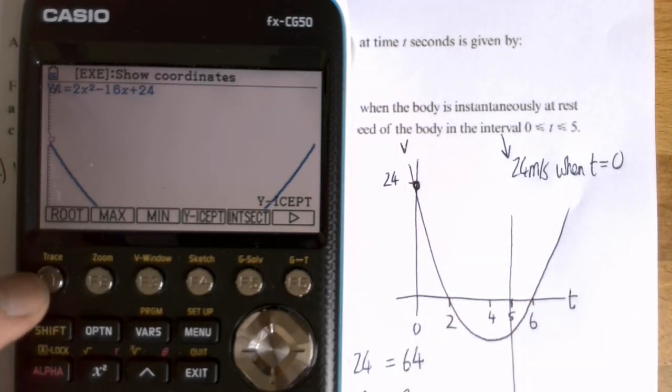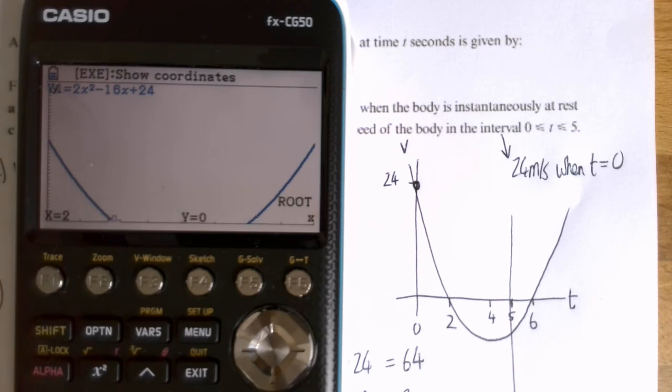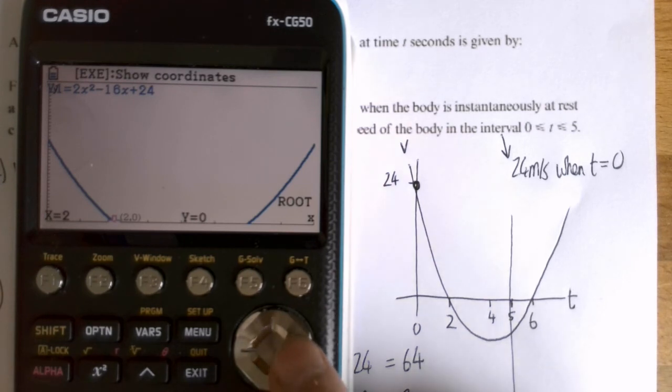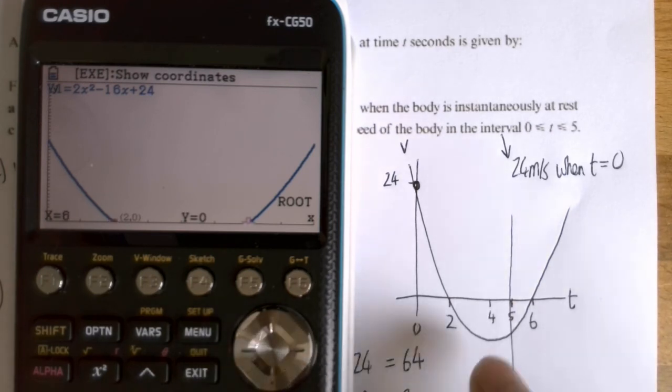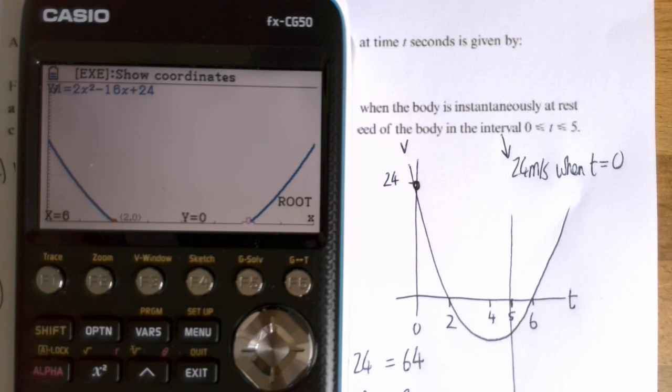The place where it crosses the x-axis, so that's a root. And I'm told that I've got 1 when x is 2, and if I press the right cursor, there we go, I've got another when x is 6. So I've confirmed what my graph showed me.